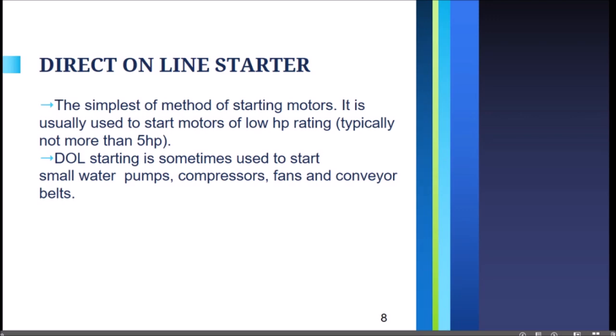It is usually used to start motors of low HP, or horsepower rating, typically not more than 5 horsepower. Direct online starting is sometimes used to start small water pumps, compressors, fans, and conveyor belts.